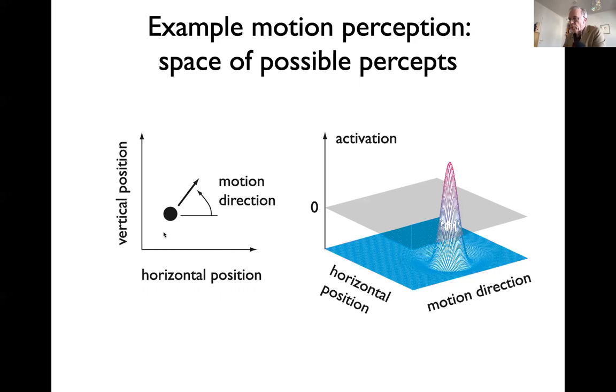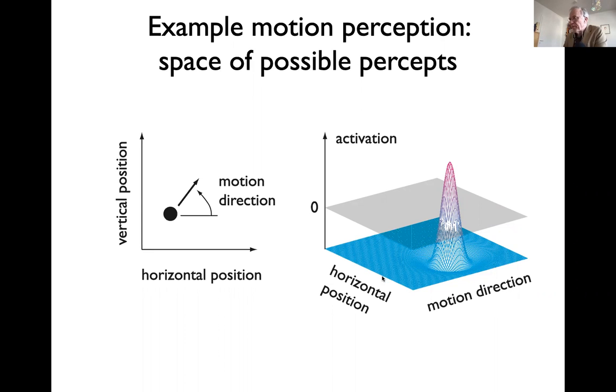That would be the horizontal and vertical position, and could have any movement direction, let's say. Then any motion state like that could be represented by a position here in this field. I've only plotted two, horizontal position and motion direction, just because of the convenience of plotting. It would be in reality a three-dimensional field, so a blob in 3 dimensions. It's not so nice to visualize, so I just plotted two of those.